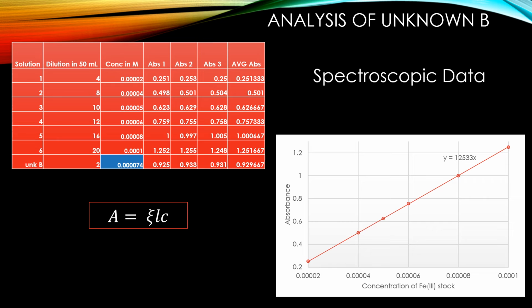As you can see here, our calibration curve is a very nice straight line, and the gradient and equation of that line correlate to the Beer-Lambert law. By simple rearrangement and plugging in the average absorbance of our unknown B, we get a concentration of iron of around 7.4 times 10 to the minus 5 molar, which is reasonably low.